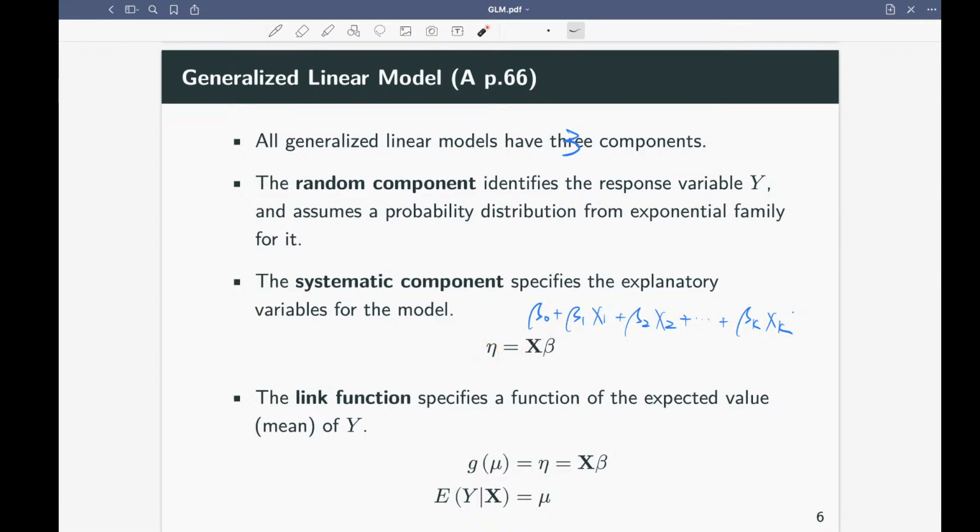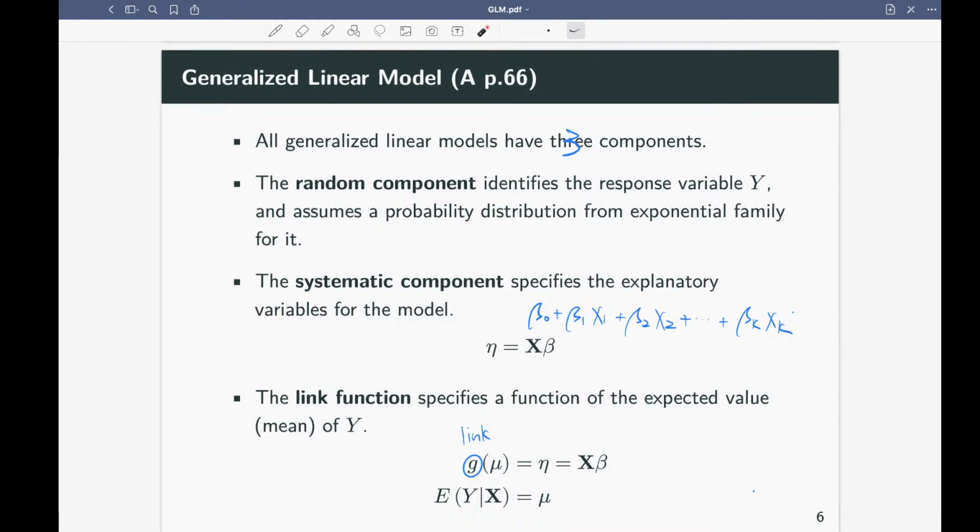In the end, we should have the link function to specify the relation between the expected value of y and the systematic component. We use g as the link function. This g decides the relation between eta and mu, and mu is the expected value of y.